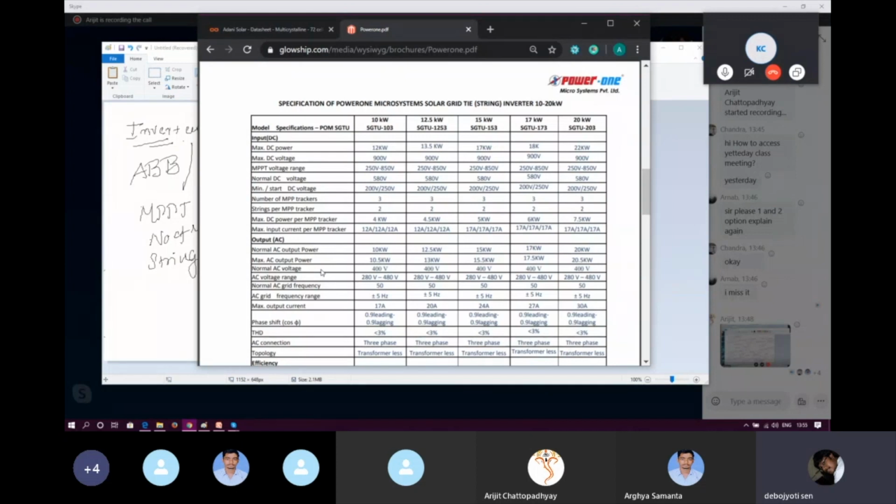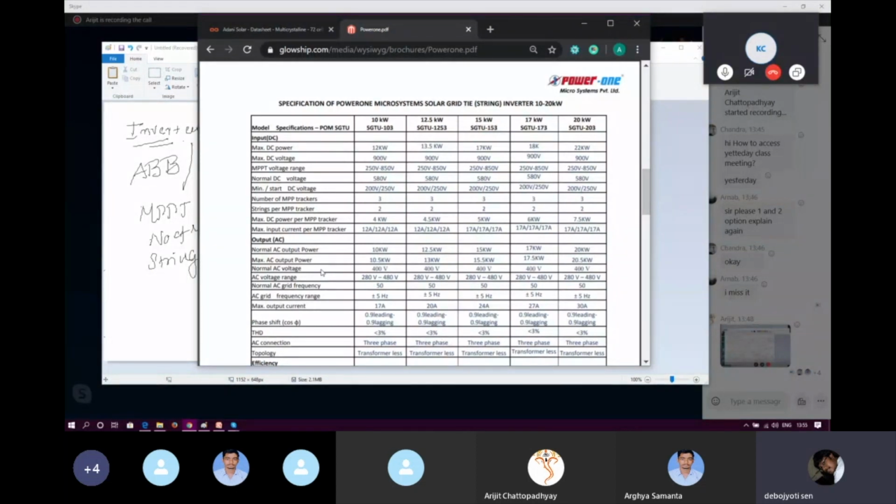The other parameters that we need to check from the data sheet of the Power One inverter is the input current it can take, to ensure that our string current is lesser than the input current, or we are choosing the panel as per the input current.